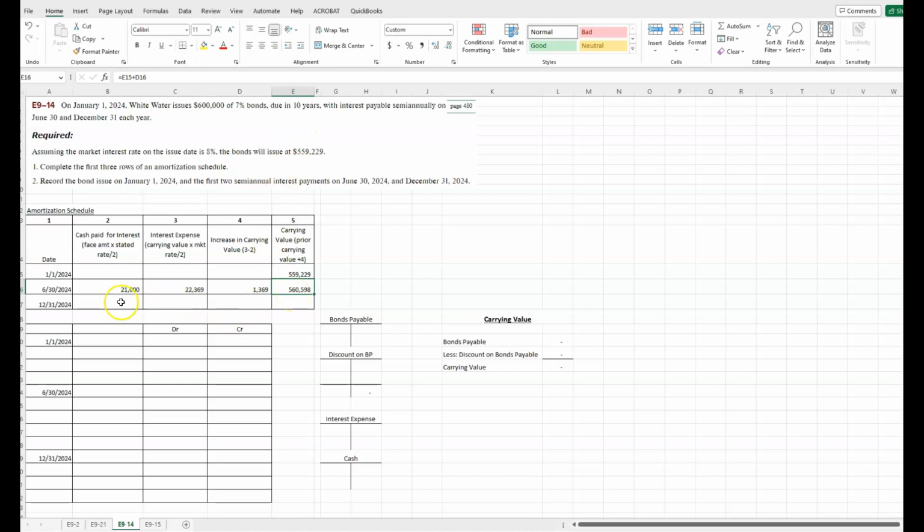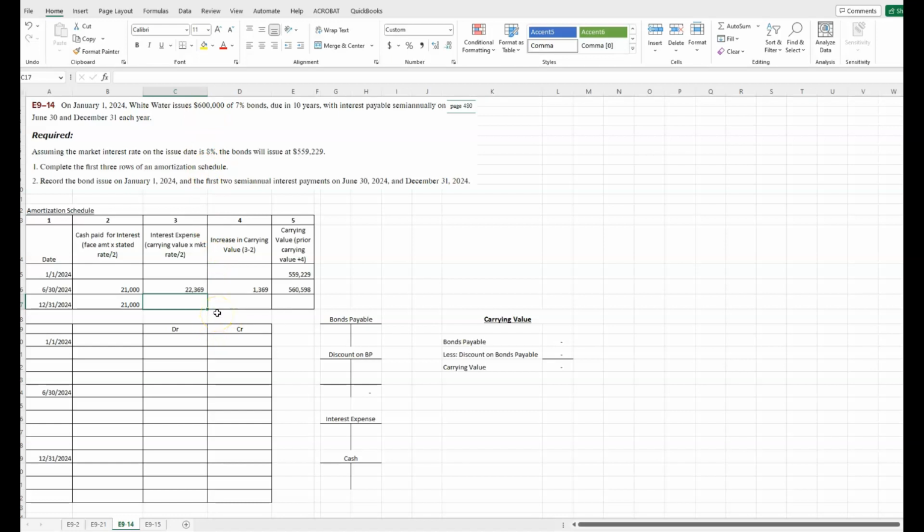So for the second payment of 2024, what's our cash paid for interest? 21,000. That's never going to change because it says so on the bond. I'm paying 7% per year or 3.5% every 6 months on 600,000, regardless of what the bond was issued for.